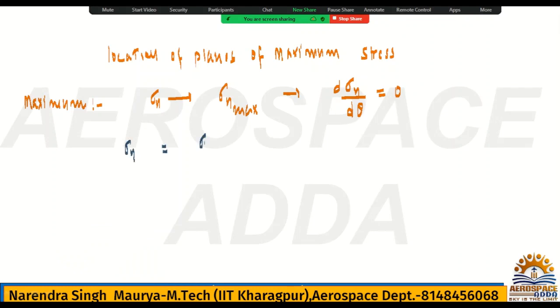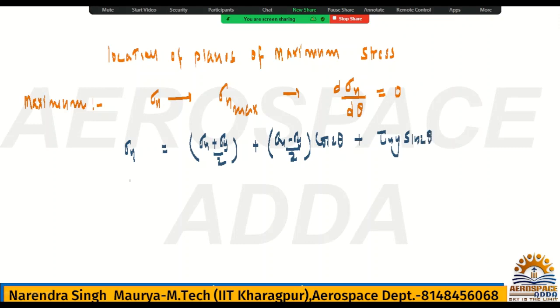So you have sigma x plus sigma y by 2 plus sigma x minus sigma y by 2 cos 2 theta plus tau xy sin 2 theta. You just differentiate this with respect to theta and make it equal to 0. If you do this, what value will you get?